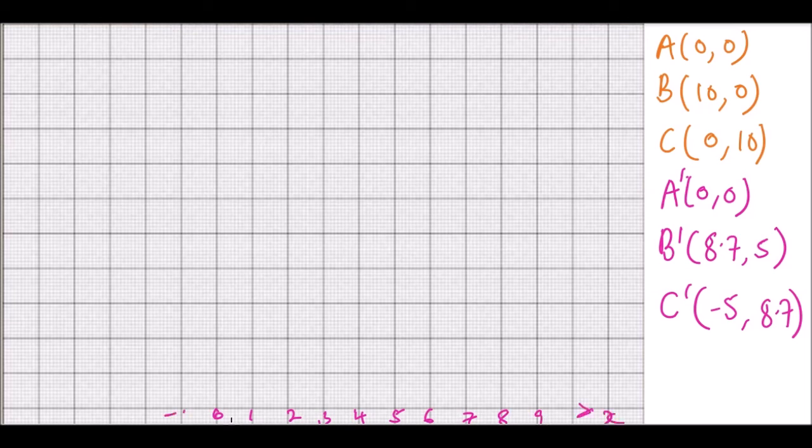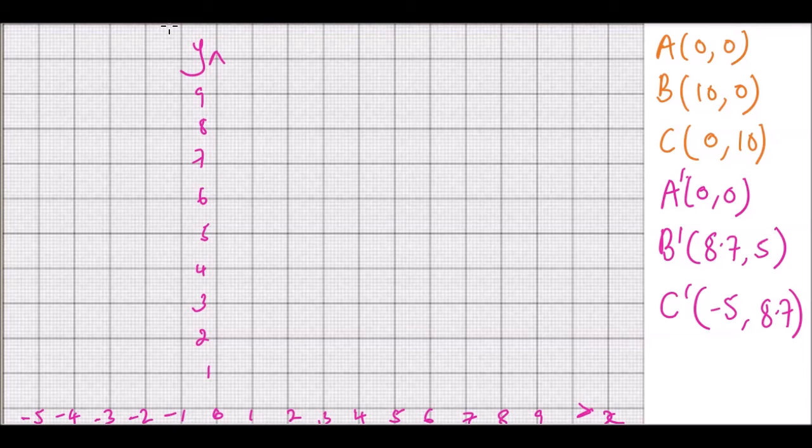We have minus 1, minus 2, minus 3, minus 4, minus 5. Those are the negative values of x. Then we have our y, we have 1, 2, 3, 4, 5, 6, 7, 8, 9, and this is our y. So we'll start by plotting the object.